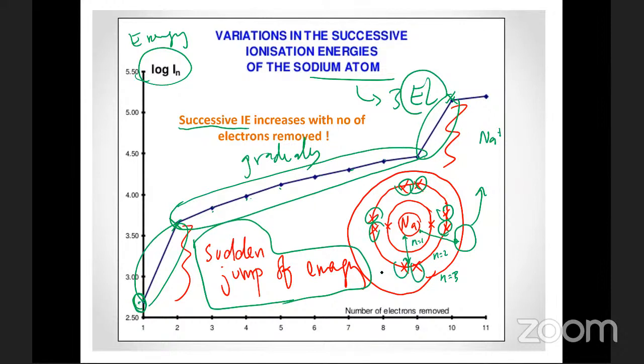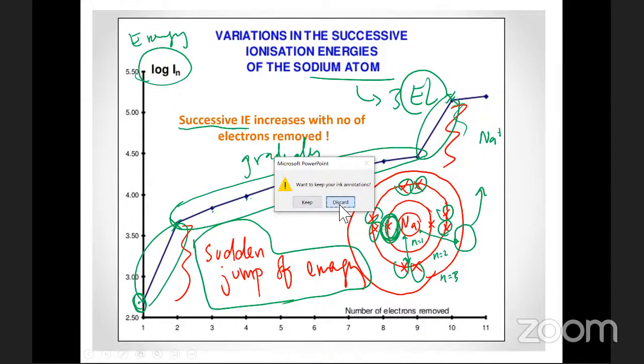And when you want to remove the 9th, the 10th electron, there is a sudden jump, because the 10th electron is located close to N1. So the sudden jump indicates to us that the next electron removed is from a different energy level, not the same energy level. Right.